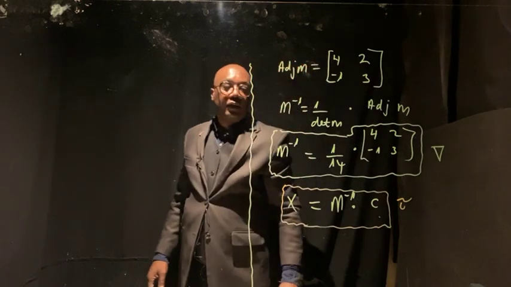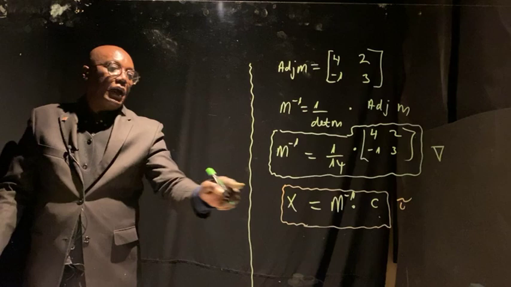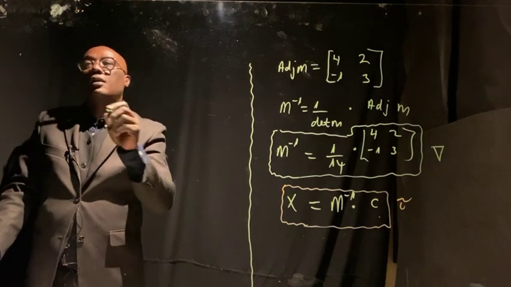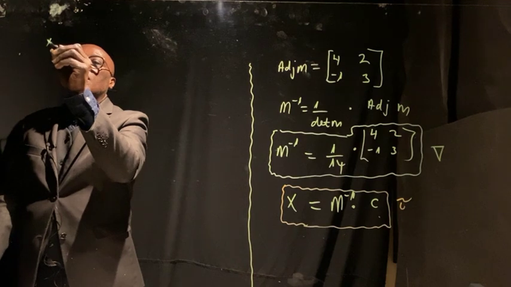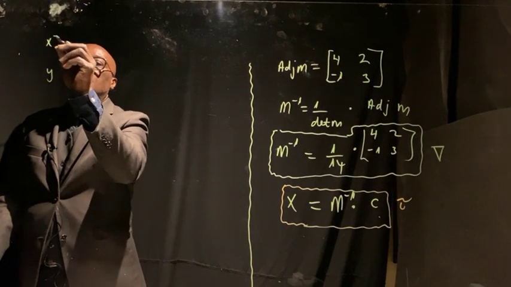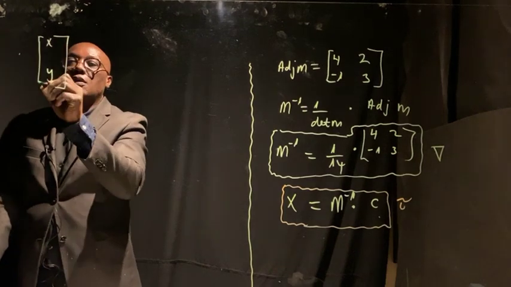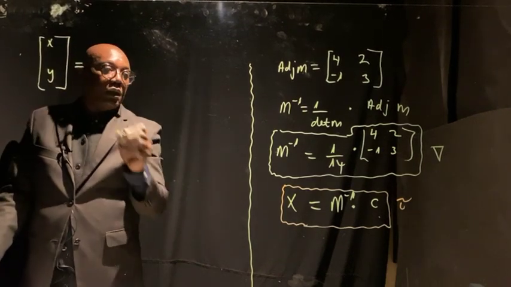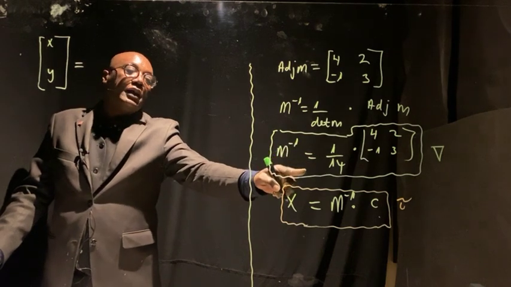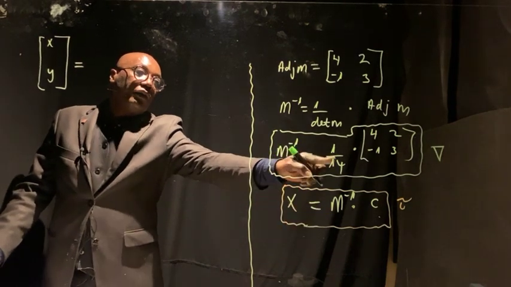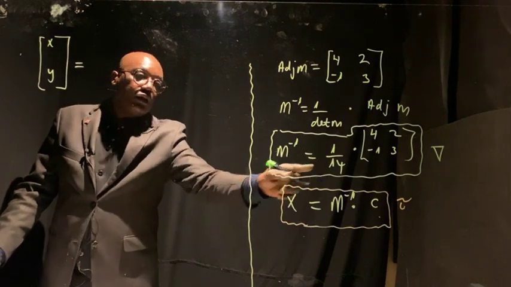Now, we are continuing. From equation tau, we have X, but remember, previously we said that the big X is no different from x and y from the previous equation. And the M inverse is what we found in equation nabla.